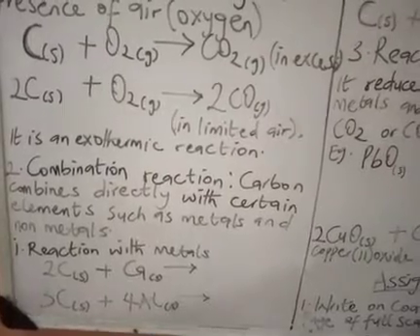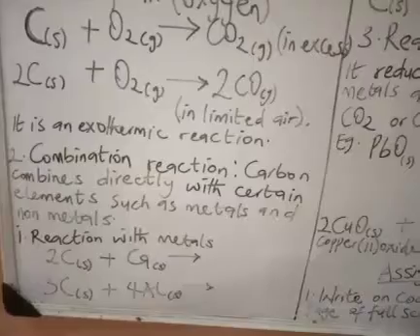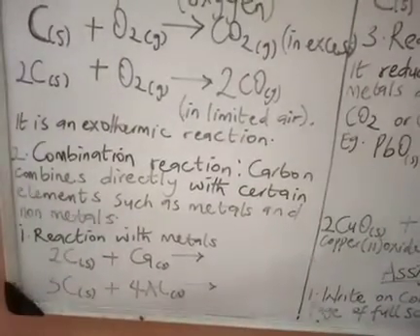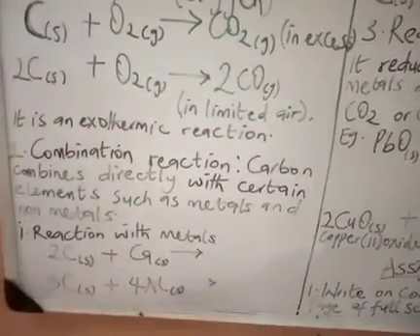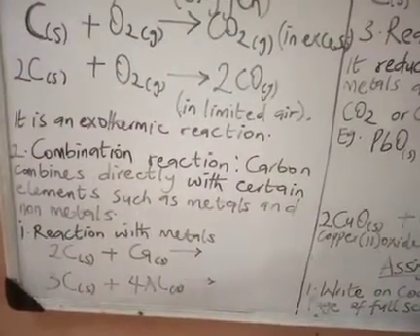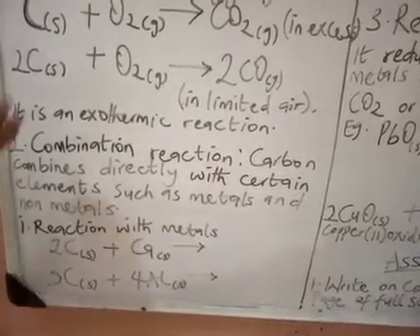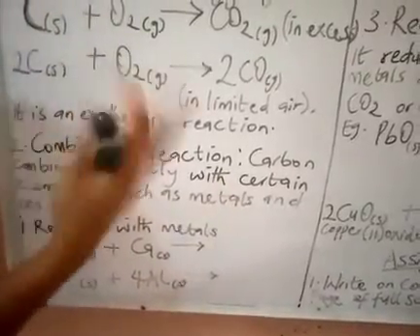But in case you want to know it: CxHy plus (x plus y over 4) O2, in the presence of oxygen, gives carbon dioxide and water. Now in combustion of carbon allotropes, the product is a carbon oxide. It can come as carbon(IV) oxide or as carbon(II) oxide. This carbon can be coke, diamond, graphite, any of them.